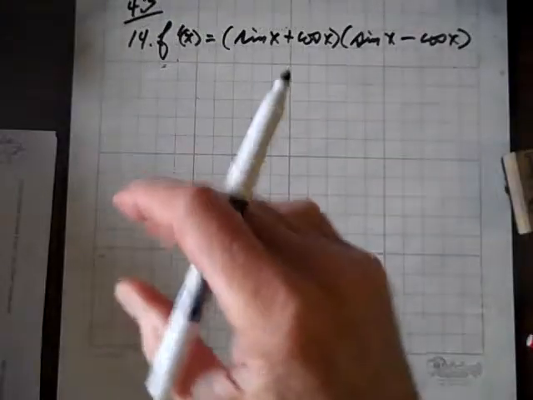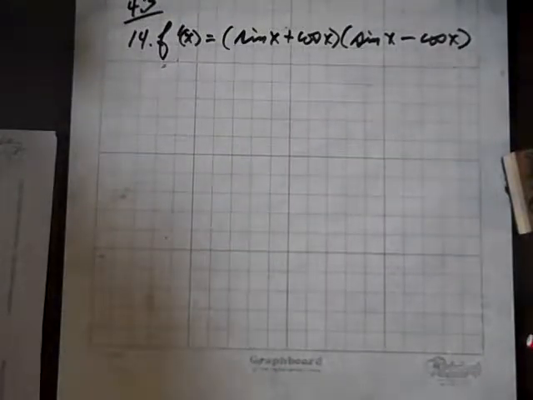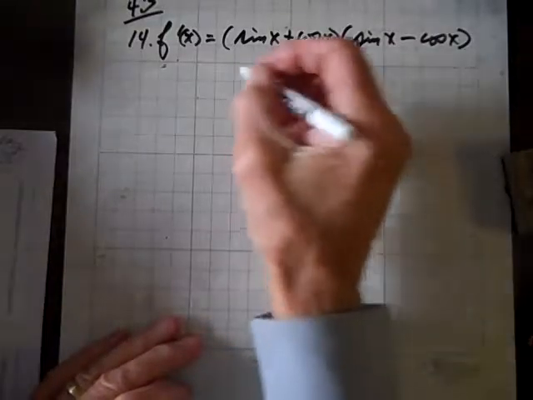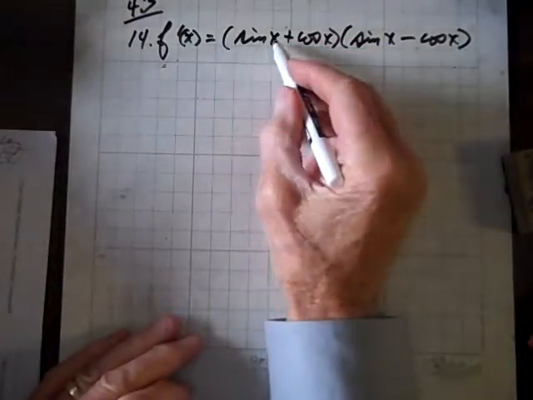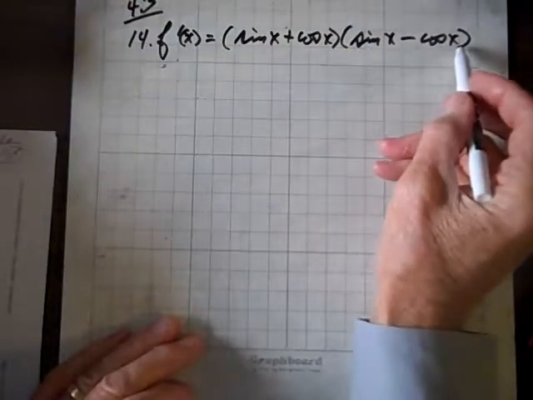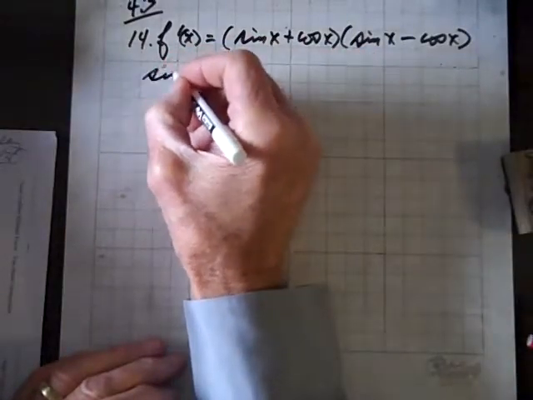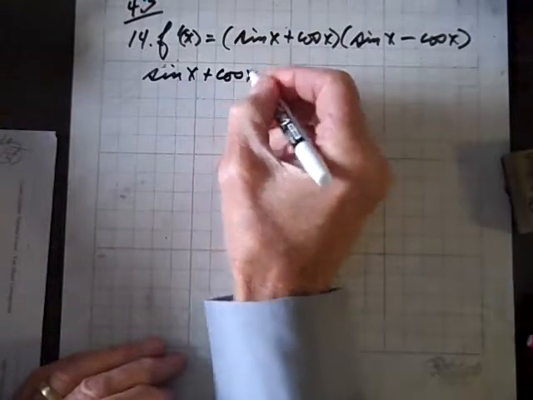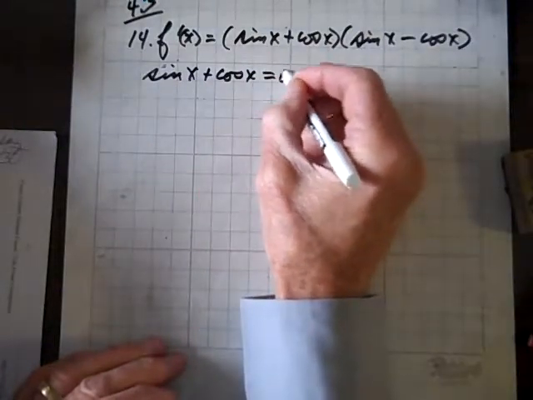Okay, given this derivative in 14, we have to find the critical points of f. So we have to find the values of x that take this factor to 0 and the values of x that take this factor to 0. So let's set this factor equal to 0.